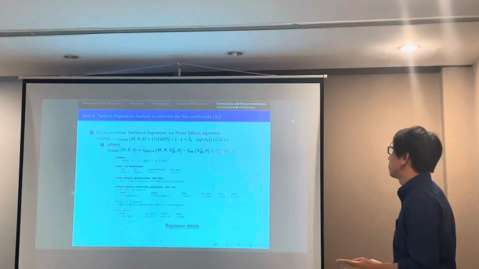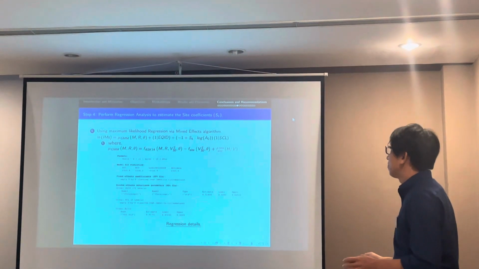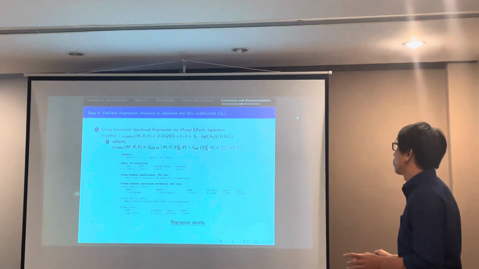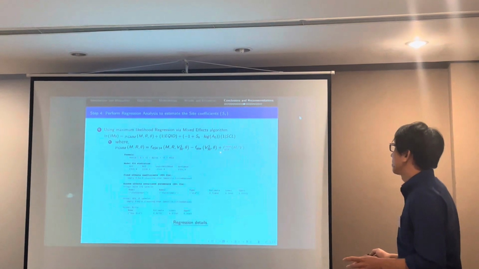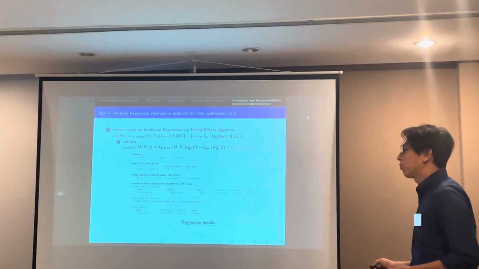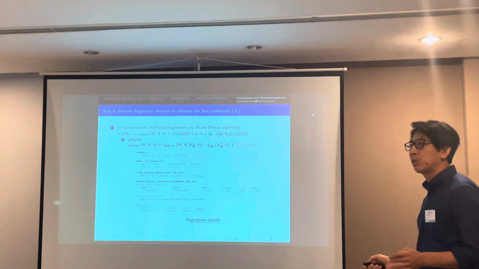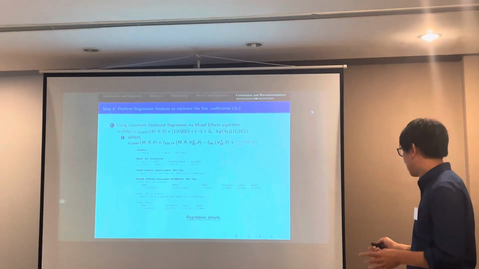Elaborating more on this step, we modify the ASK14 model by subtracting its original site function and replacing it with a newly proposed site function. This newly proposed site function, tied to the local site effect, is then estimated as part of the regression process to capture the local site effect.